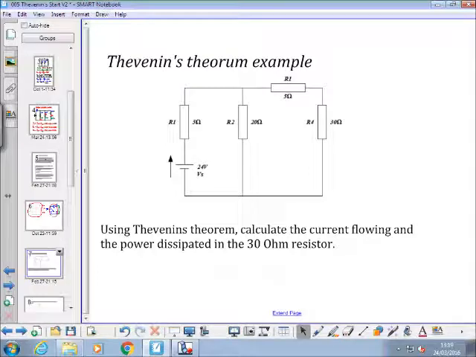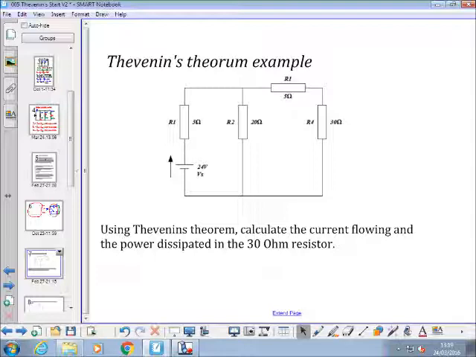So, we're going to use Thevenin now to calculate the current flowing and the power dissipated in the 30 ohm resistor in that circuit. Yeah?